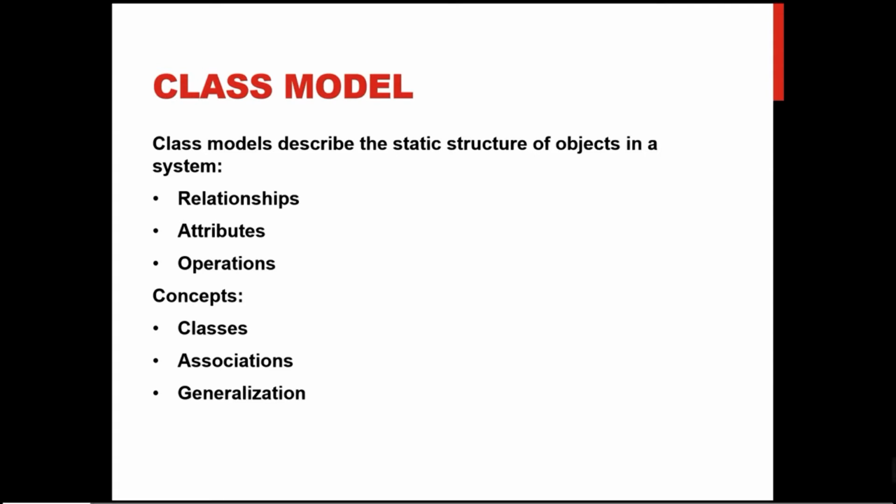Generalization is a very important characteristic of object-oriented modeling. It means the abstraction of the hierarchical structure of different levels of classes, for example, the superclass or overridden or subclass.